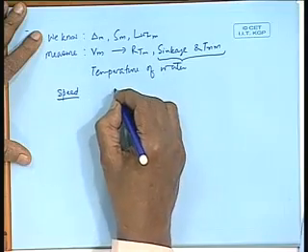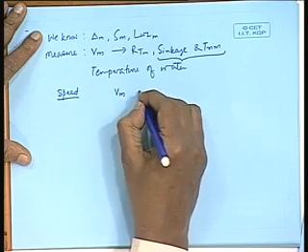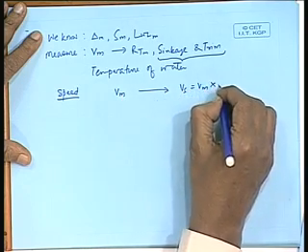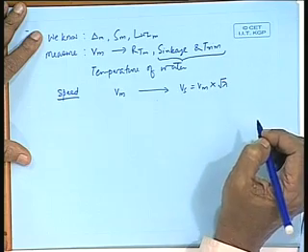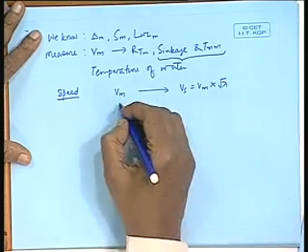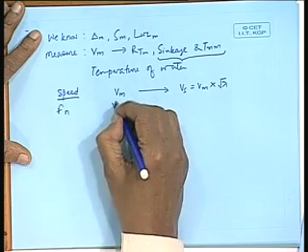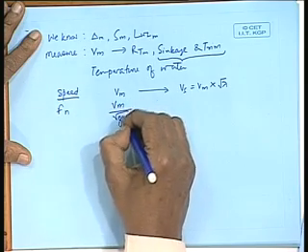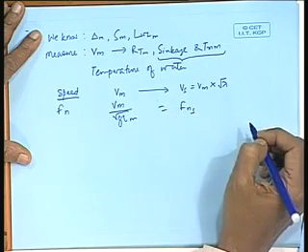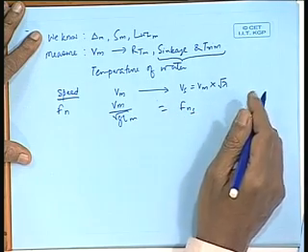how things are extrapolated. Speed of model Vm gives Vs equal to Vm into root lambda, right, Froude similarity. Froude number Vm by root g Lm equals Froude number of the ship, Froude number is same.